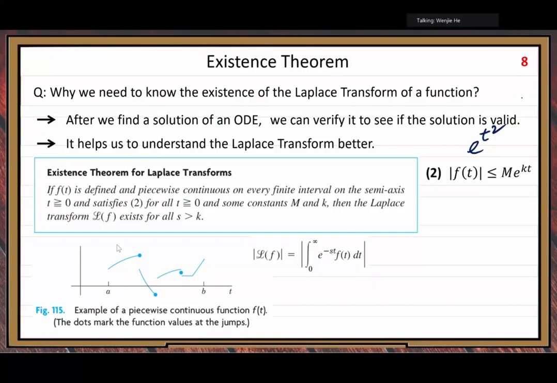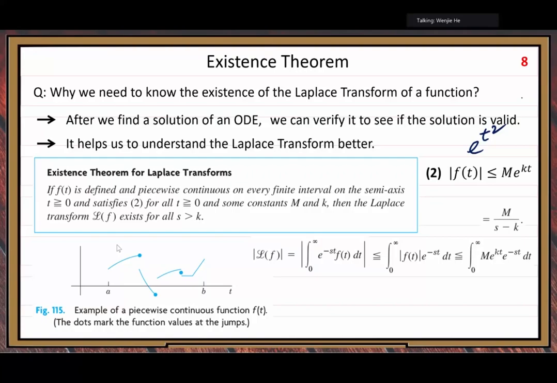So here I just show you how to see that bound. You take the absolute value, and now you replace it by its upper bound, because it is bounded by this function.